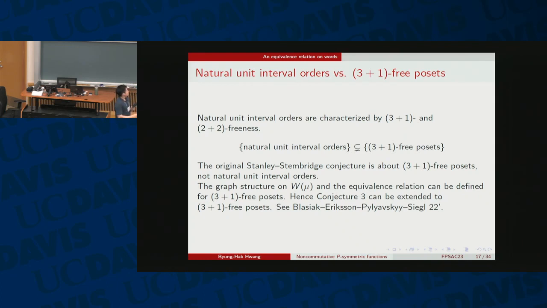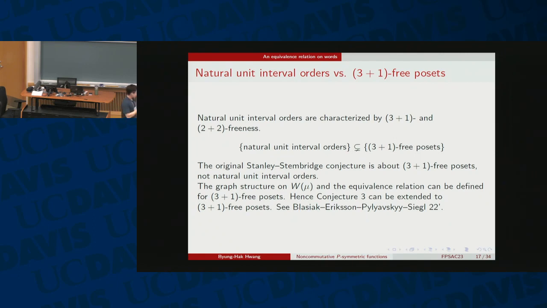Originally, the Stanley-Stembridge conjecture is about (3+1)-free posets, although Guay-Paquet showed that the positivity for all natural unit interval orders implies the positivity for (3+1)-free posets. I still believe that (3+1)-freeness might be the key to resolving the conjecture.